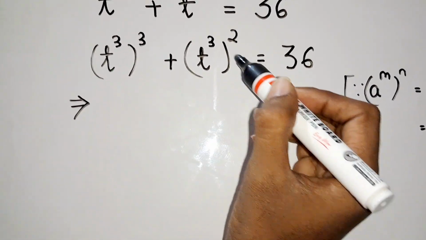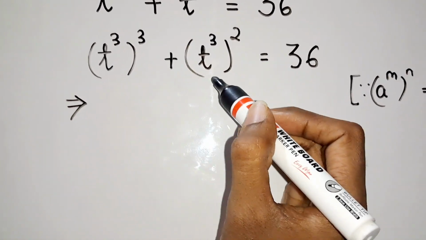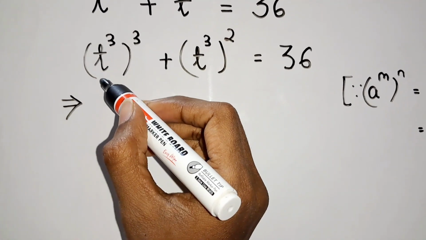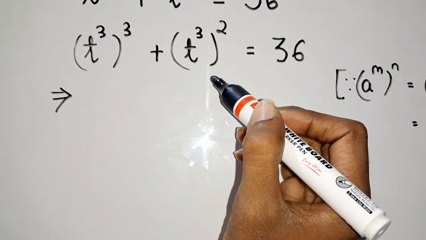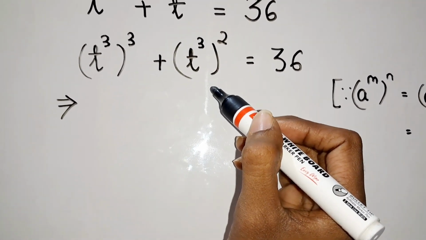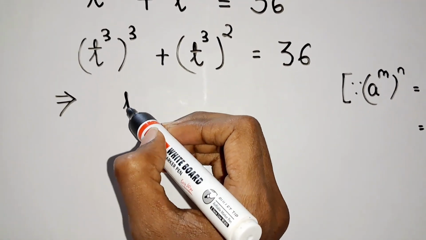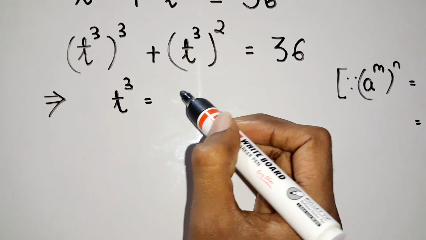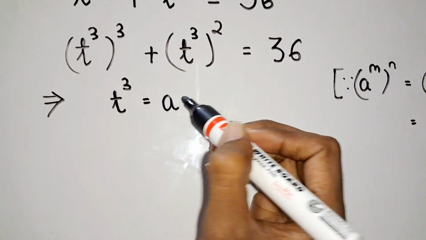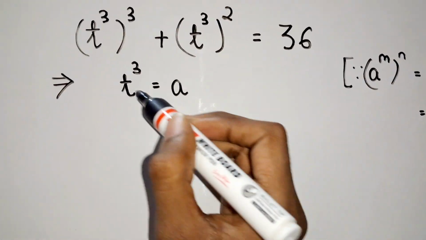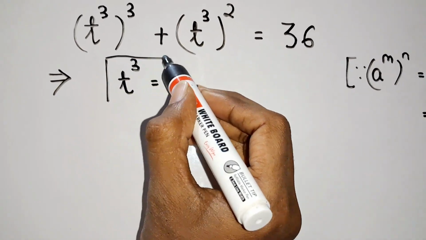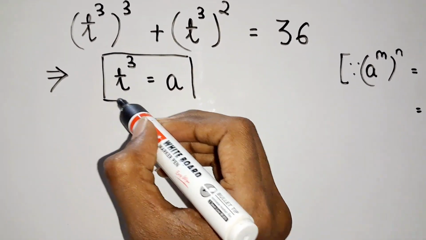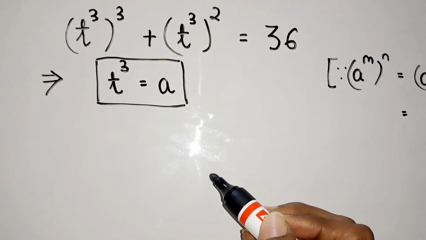Now, since t to the power 3 appears in the first term and also in the second term, we can assume t raised to power 3 is equal to some a, and later on we can substitute once again. So we substitute t cube equals a.